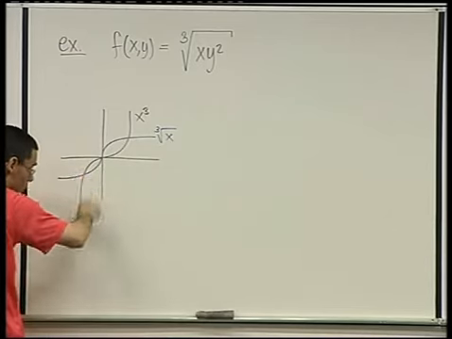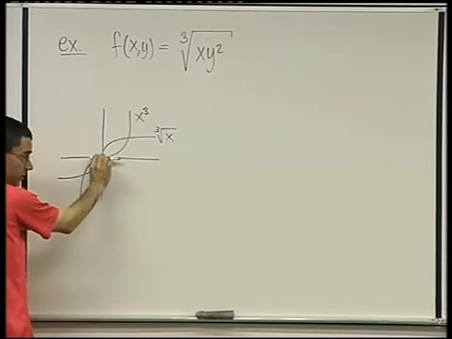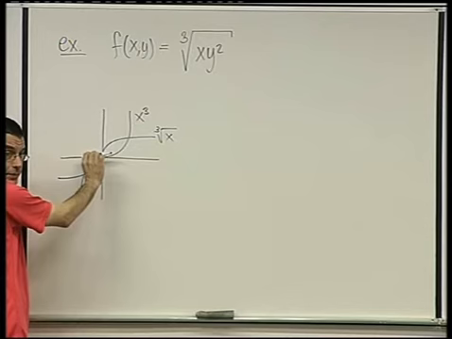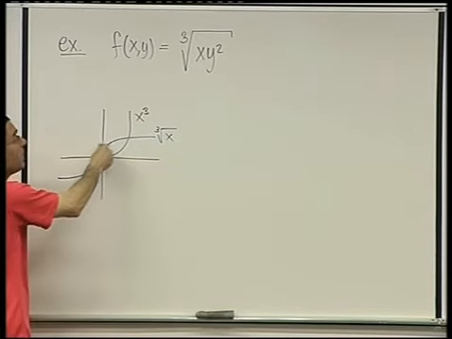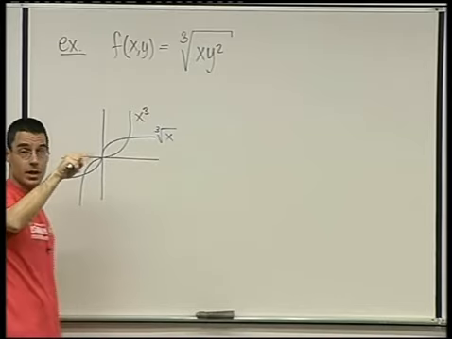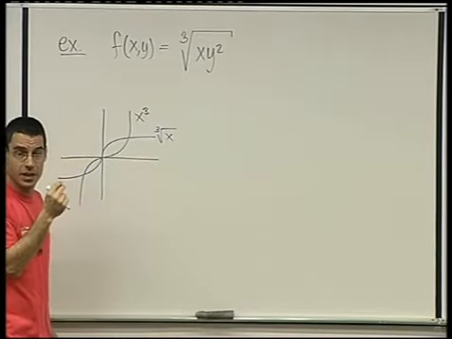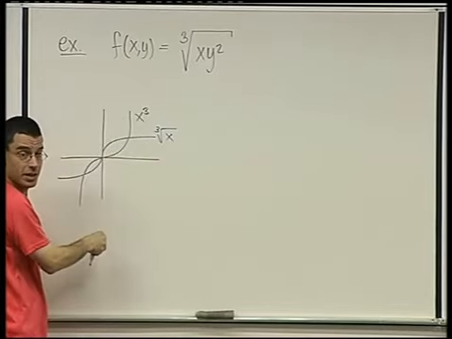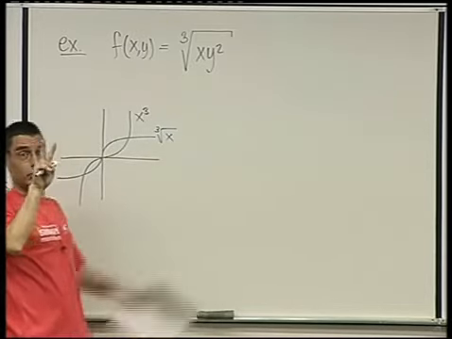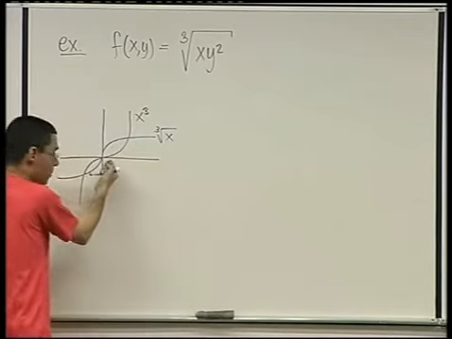So for x cubed, the slope at 0, the derivative at 0, is 0, right? For the cubic root of x at 0, the derivative is, in quotation marks, infinity, right? The tangent line is the y-axis. And the reason I'm doing this is that it's not differentiable at 0.